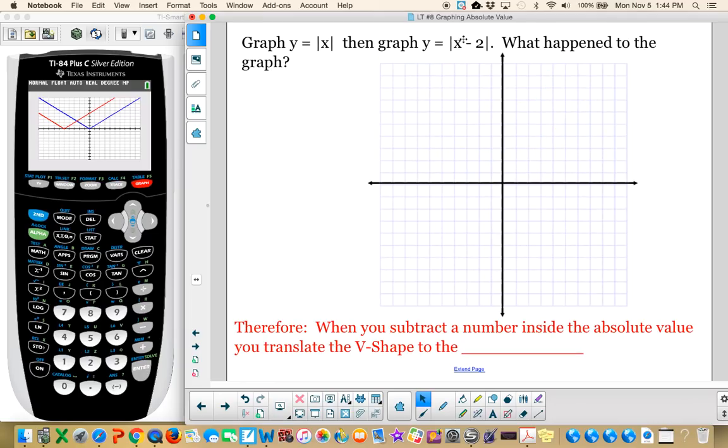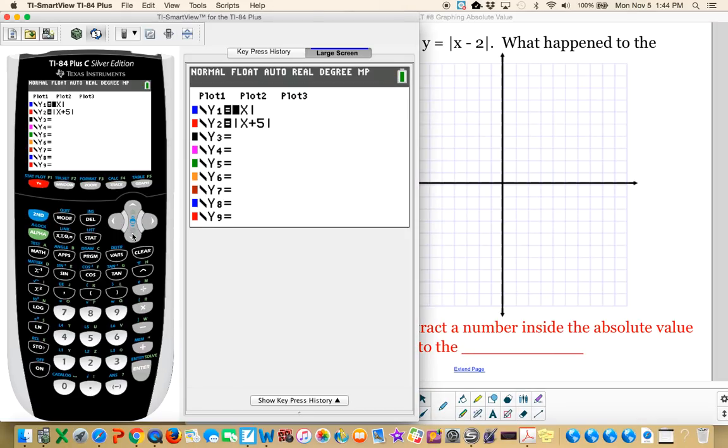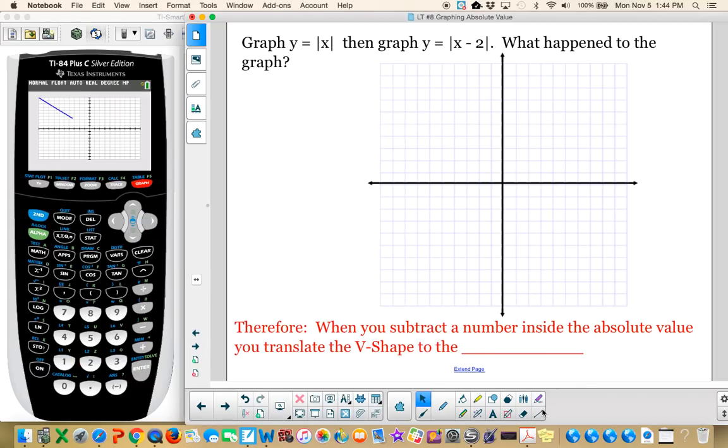What do you think will happen if we subtract a number inside the absolute value? Let's go to the graphing calculator and see. So we're going to revise this to be minus 2. Go to the graph. You've got your parent function.